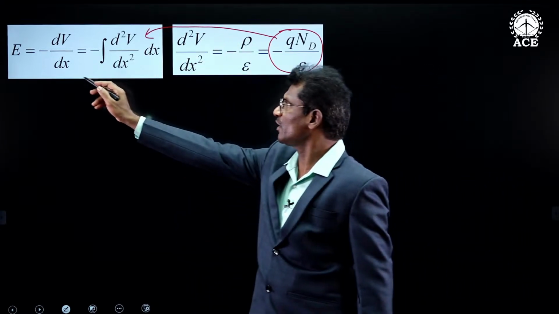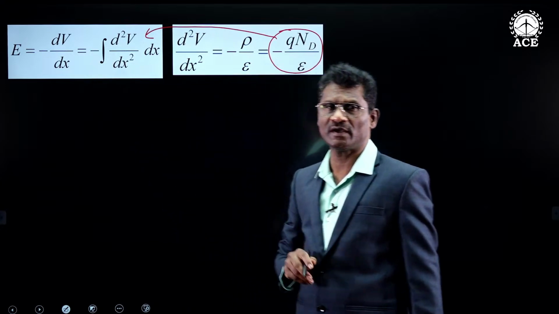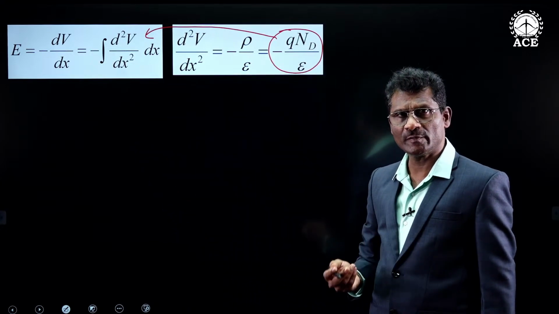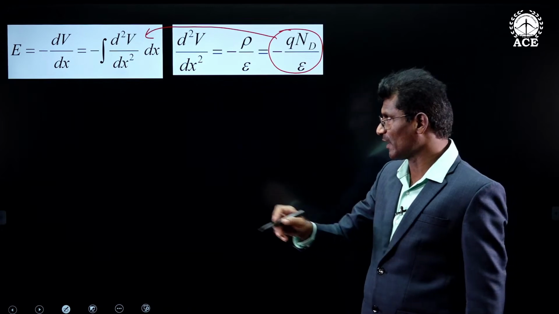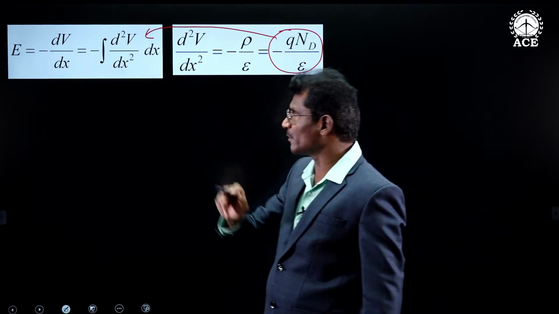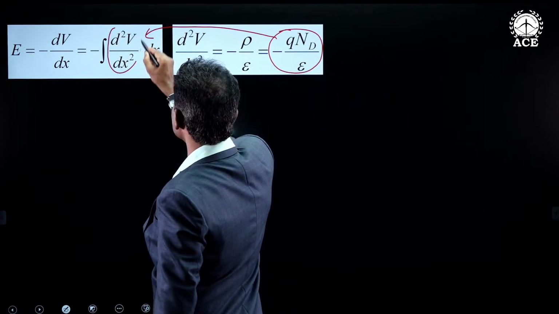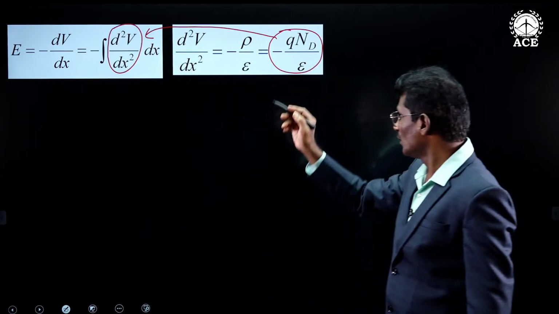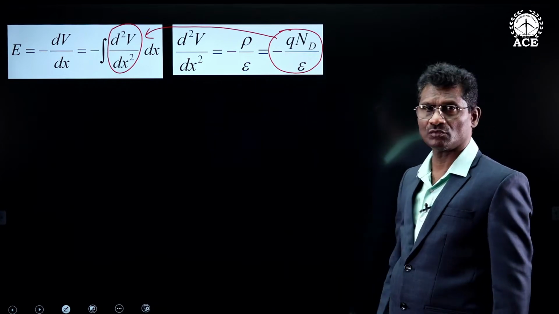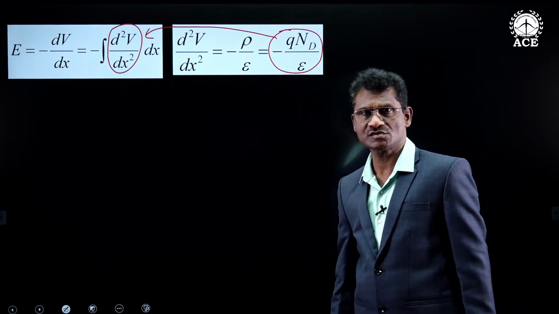See, electric field by definition is dV by dx. The dV by dx can be modified as integral of d square V by dx square. So in place of this d square V by dx square, now we will substitute this value which we got from Poisson's equation.